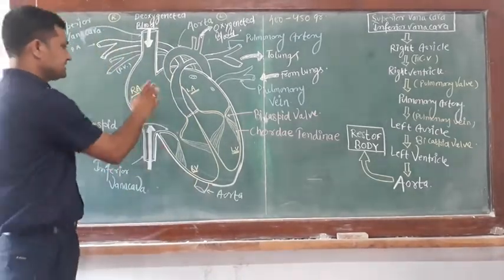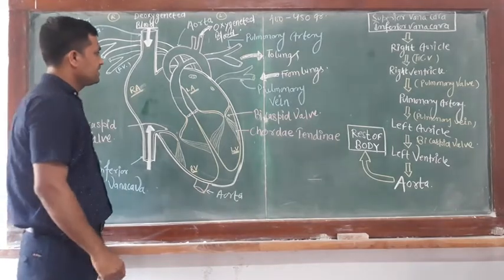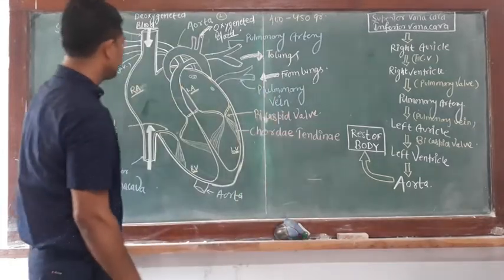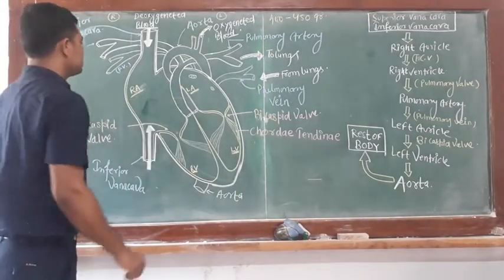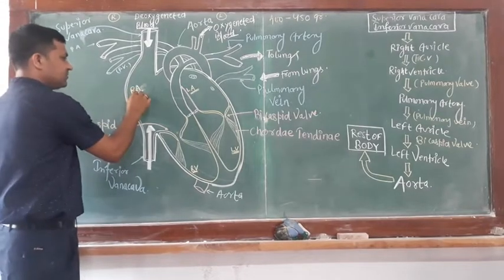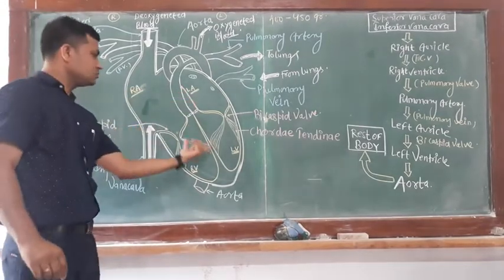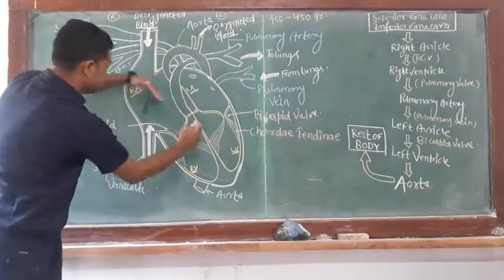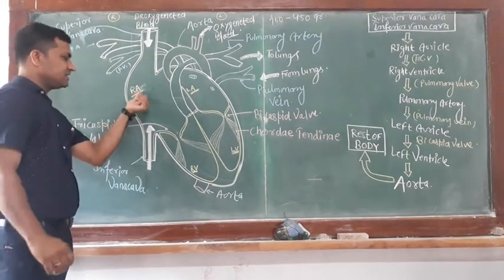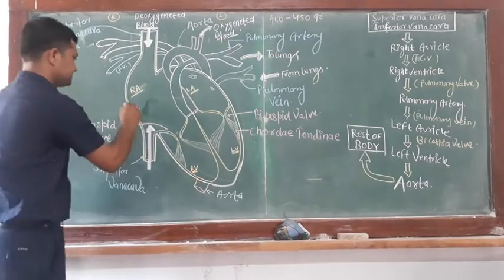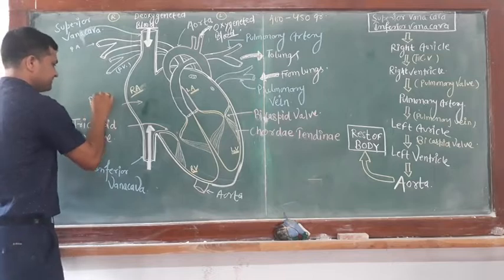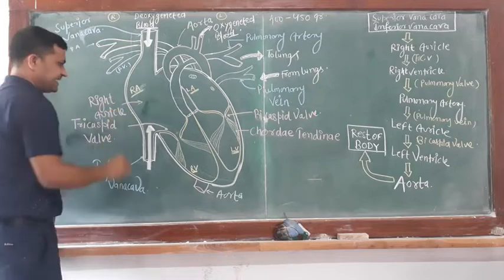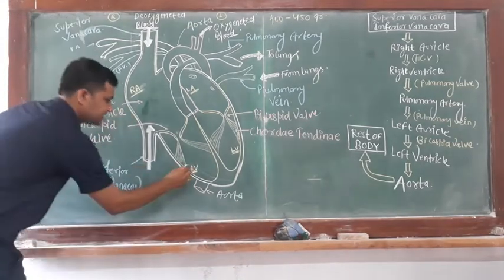First of all, the structure of the heart. The heart has different kinds of parts. First of all, the heart has two auricles and two ventricles. It's a half part of the heart. This side is the right side: right auricle and right ventricle.